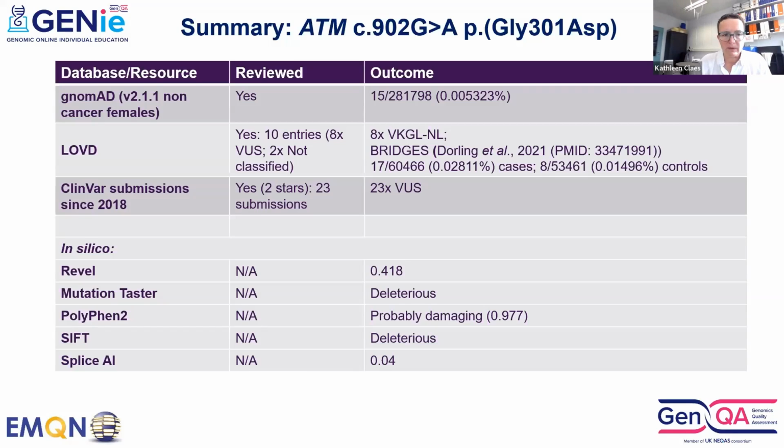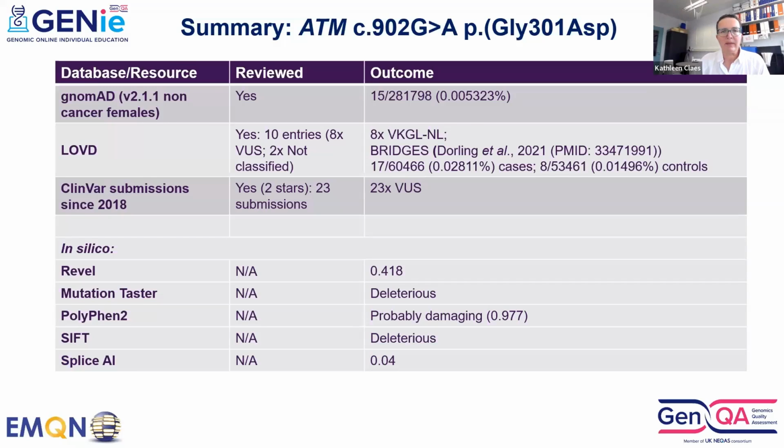There are also in silico predictions available like REVEL, MutationTaster, PolyPhen, SIFT, and also SpliceAI, which is relevant because it's the first nucleotide of an exon. And as you can see, MutationTaster, PolyPhen, and SIFT all indicate that it could be deleterious.